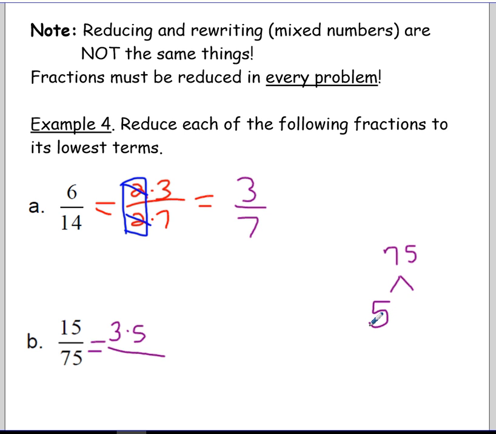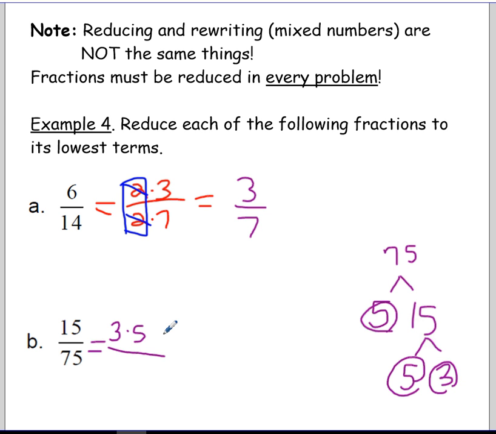And if we do that, 75 divided by 5 gives us 15. So 5 is prime. And 15 can be divided by 5 as well, and it's 5 times 3. So 75 is 5 times 5 times 3.